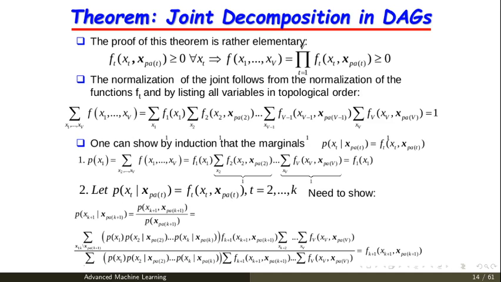What I have done is split this summation: summation on x1, then x2, and then x3 etc., then xt minus 1 and xt.